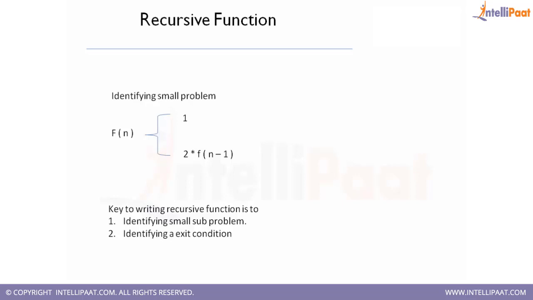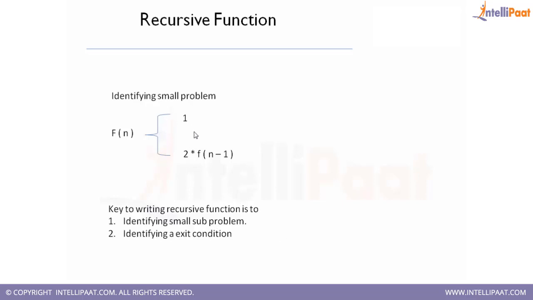So f will be calling itself to solve the problem. The key to identifying the recursive problem is finding the smaller subproblem. That is, if I can calculate this 2 into f of n minus 1, I'll ultimately get f of n, and identifying the exit condition.